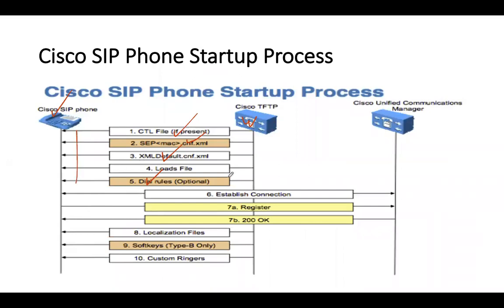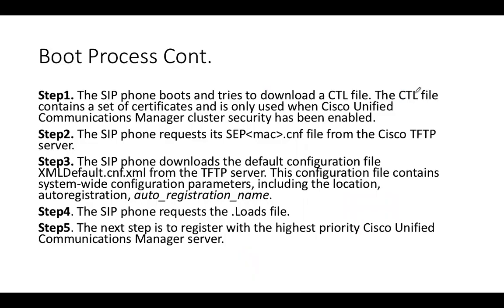Once all these things are done, the phone sends a registration request to the call manager, and finally the registration happens. 200 OK means this phone is successfully registered with the call manager, right?